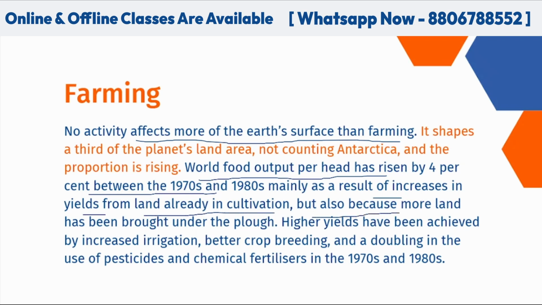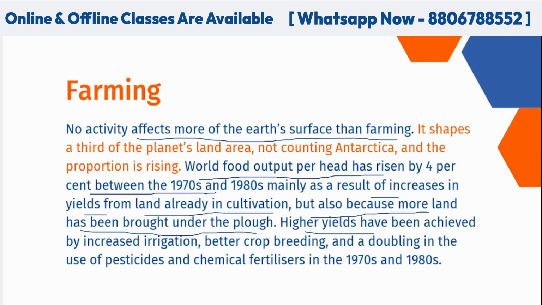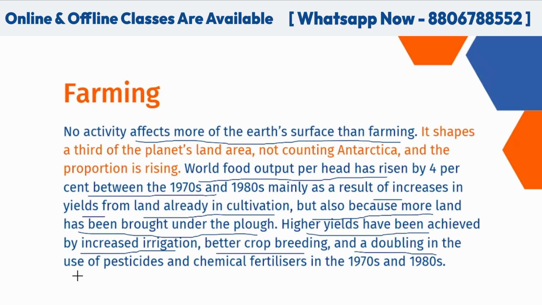But also because more land has been brought under the plough. Higher yields have been achieved by increased irrigation, better crop breeding, and a doubling in the use of pesticides and chemical fertilizers in 1970s and 1980s.